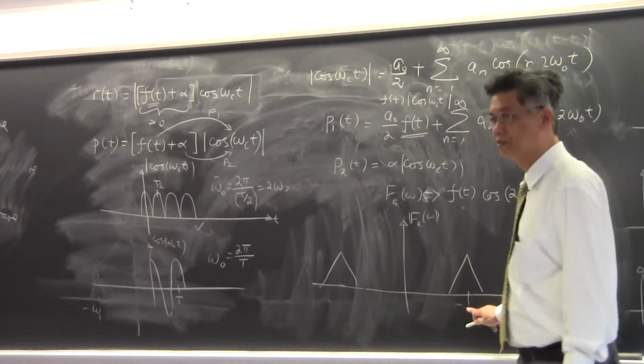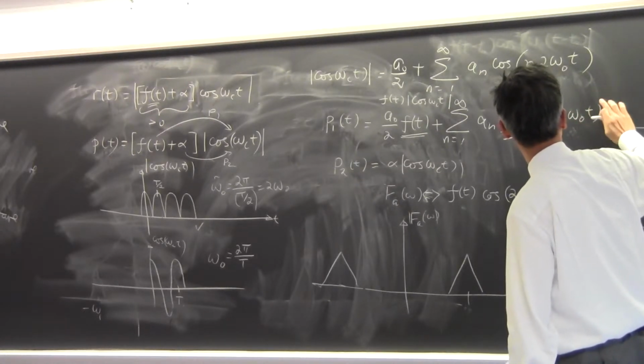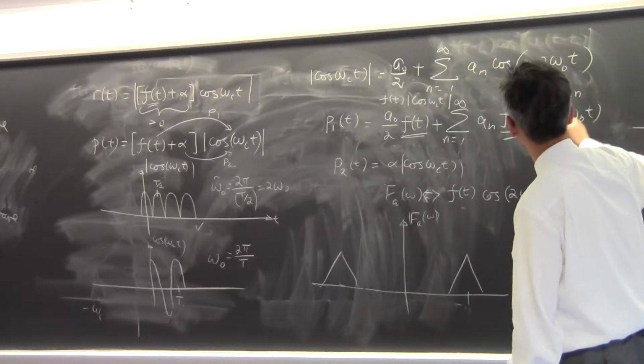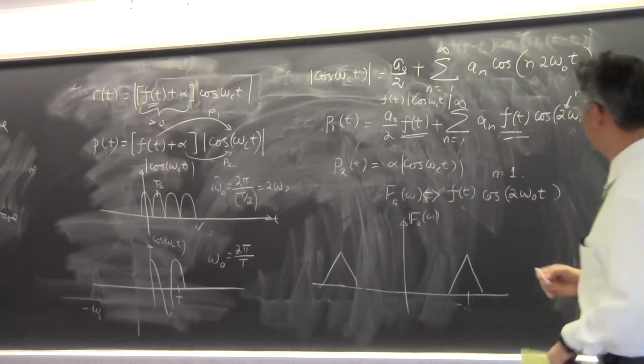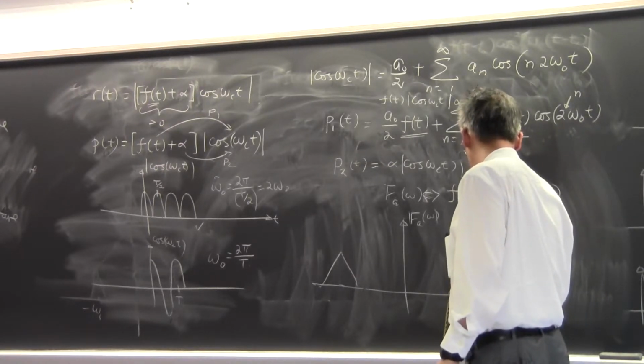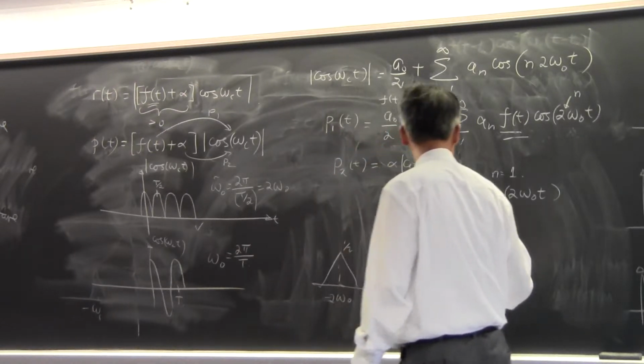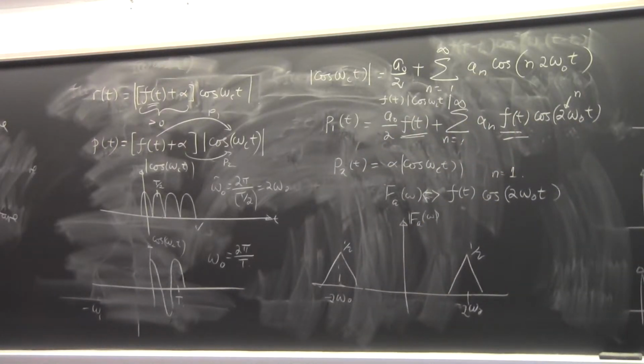And what is this shifting frequency that I have over here? So if I look at the n equals 1 term, there should be an n over here, I'm sorry. This is the n equals 1 term. Okay, so it gets shifted to the right and shifted to the left. How much does it get shifted to the right? 2 omega naught. Okay, very good. So it gets shifted 2 omega naught here, and then minus 2 omega naught here, and its amplitude is diminished by half. Okay, that's what modulation does. Exactly the same as what modulation does. And then the other harmonics were shifted further to the right.